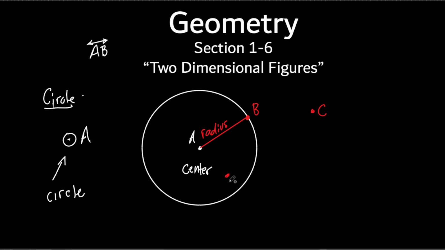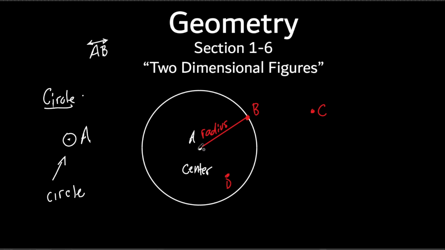So if I put point D, that would be in the interior of the circle. Point C would be on the exterior of the circle, okay? So make sure you understand what those words mean. We've already used it once. It was on the quiz, right? You had interior and exterior. So make sure in means inside, and exterior means out, okay?